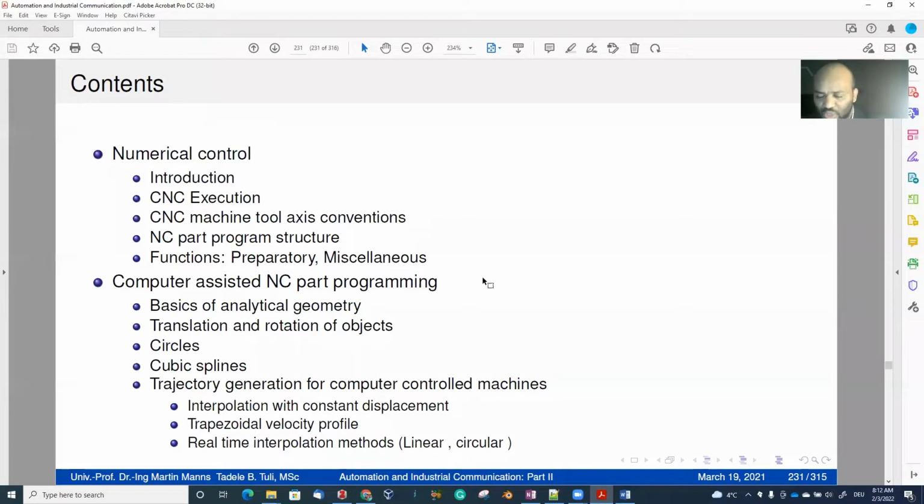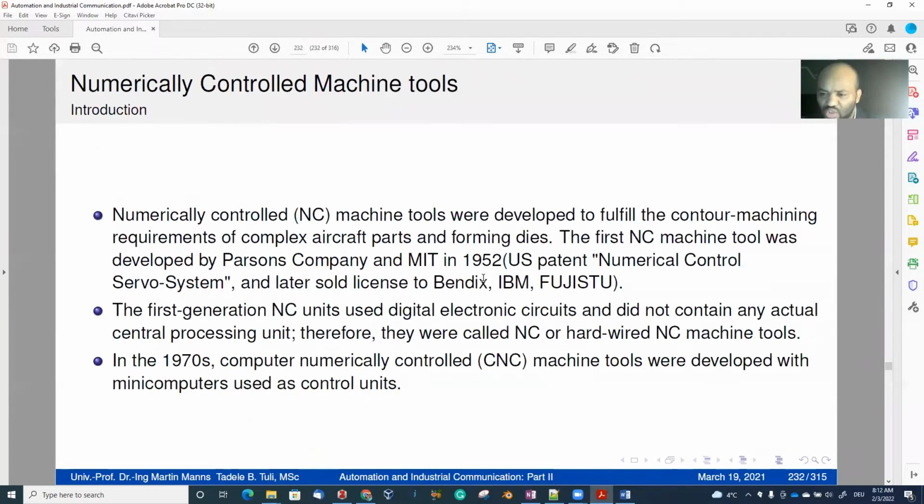So for this matter, we have a standard machine language, which we call G code. These G codes are used to standardize how numerical machines are going to be controlled.